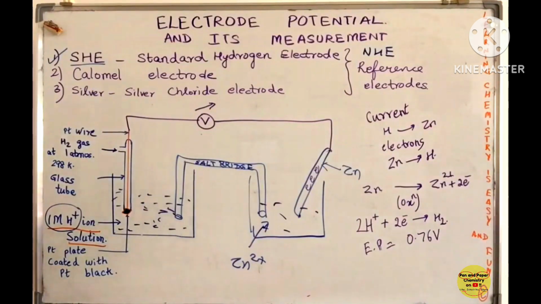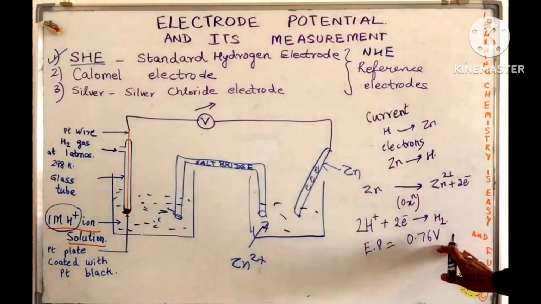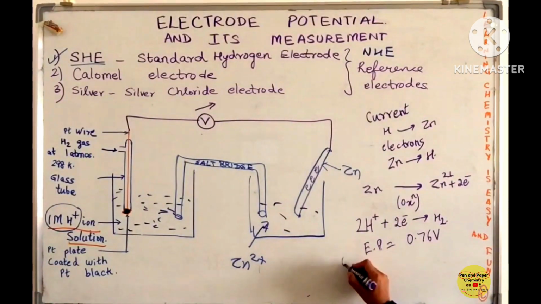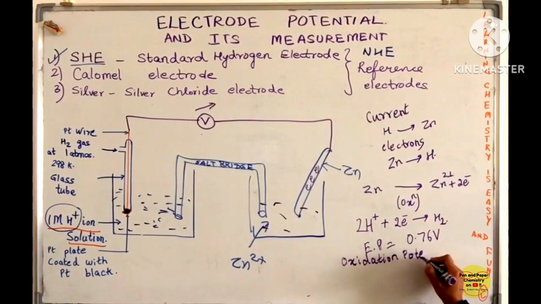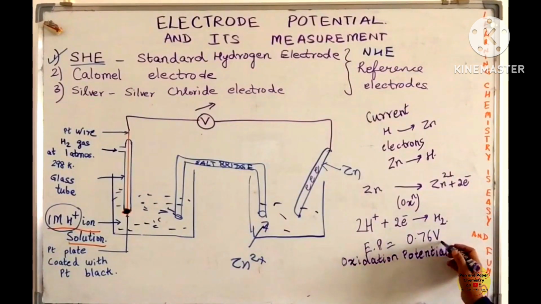So this particular value, 0.76 volts, is a measure of oxidation potential, right? Potential means capacity, that means the potential to get oxidized for zinc is 0.76 volts.